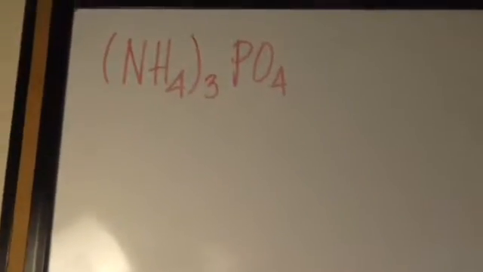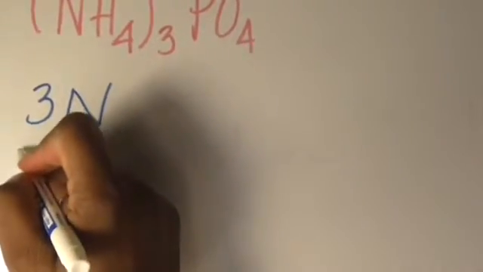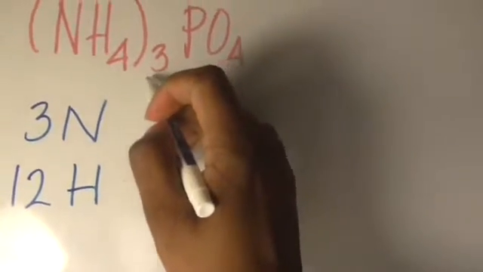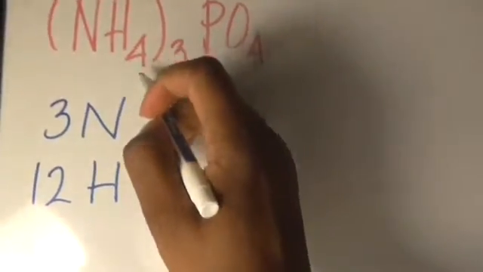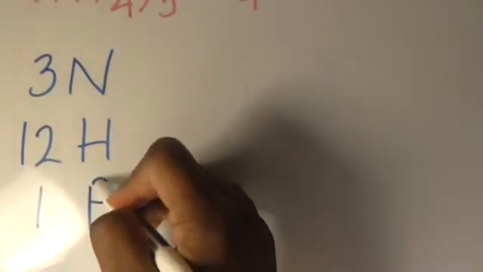So we would wind up with 3 N's, 12 H's, because 3 times 4 is 12. There's only 1 phosphorus, and then there are 4 of the oxygens.